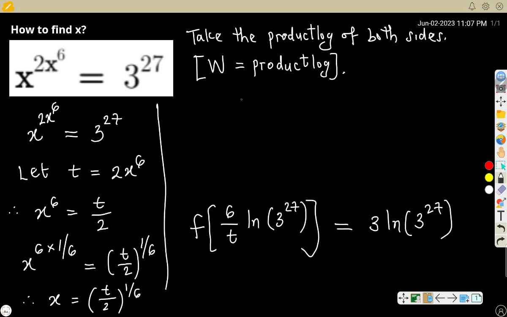So that is the symbol for product log. If you take the product log of both sides, it means I'll have W here.